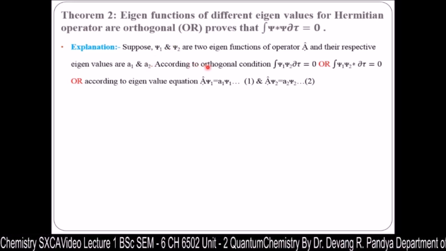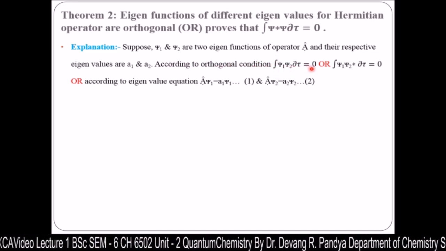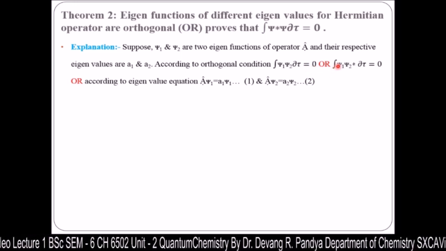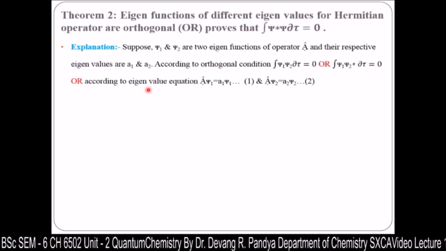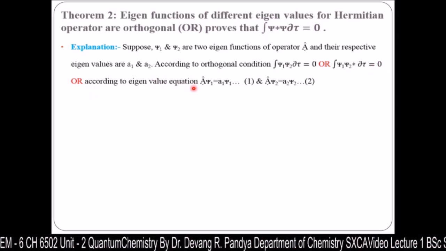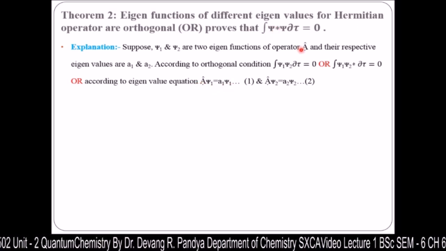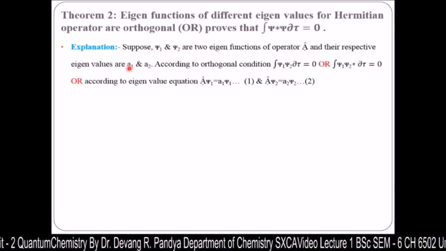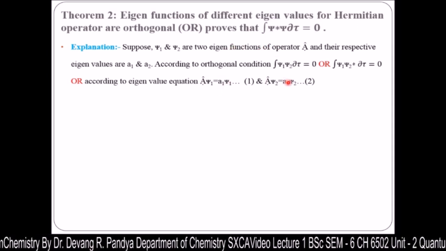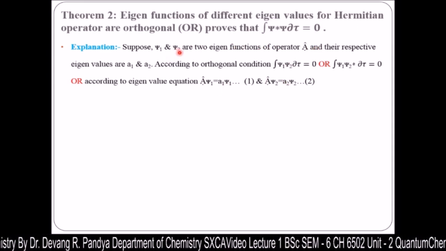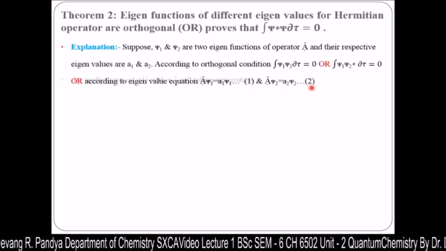So according to the condition of orthogonality, ∫ψ1ψ2* dτ must be 0. Or according to the eigenvalue equation, we can write Aψ1 is equal to A1ψ1. This is the eigenvalue kind of operation. And operator A operating on ψ2 gives A2ψ2. So this is equation 1, this is equation 2.